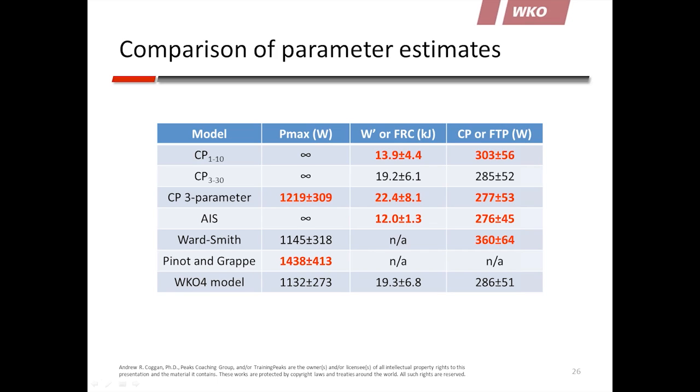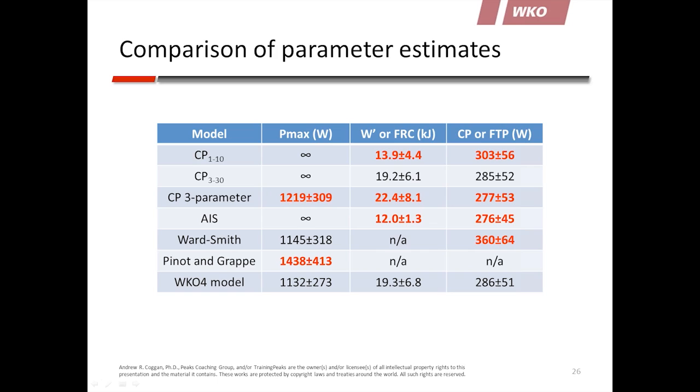The 3-parameter model gives even lower values still, to the point that it's significantly lower than this. The AIS model is also significantly lower and comparable to the 3-parameter model. And the Ward-Smith model, on the other hand, really overestimates what you can do. In fact, I made the point when I was talking about that one, you end up with estimates of critical power that are actually above power at VO2 max.